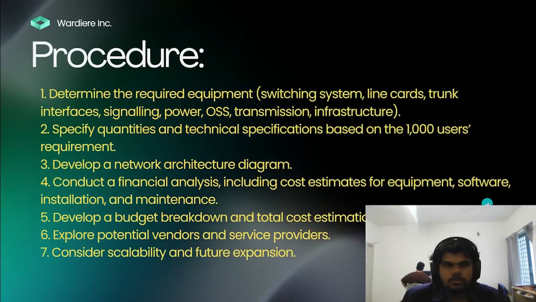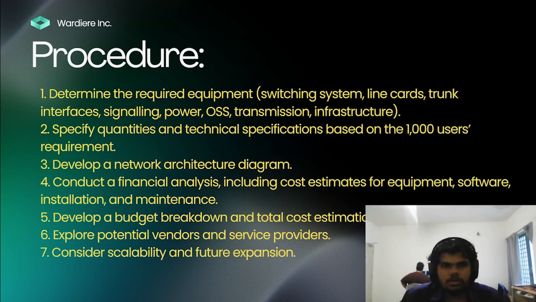First, the procedure: we need to determine the required equipment: switching system, line cards, trunk interfaces, signaling, power, OSS, and transmission infrastructure. Secondly, we need to specify quantities and technical specifications based on the thousand users requirement. Thirdly, we need to develop a network architecture diagram.